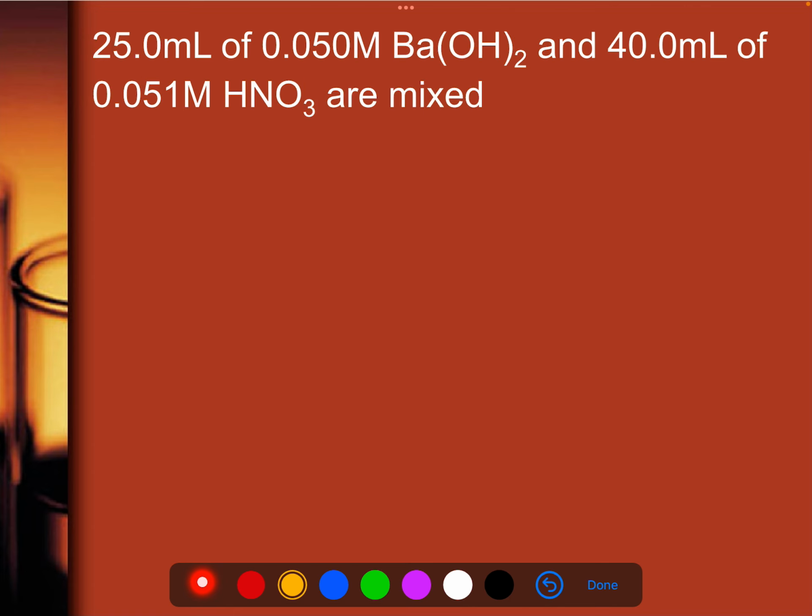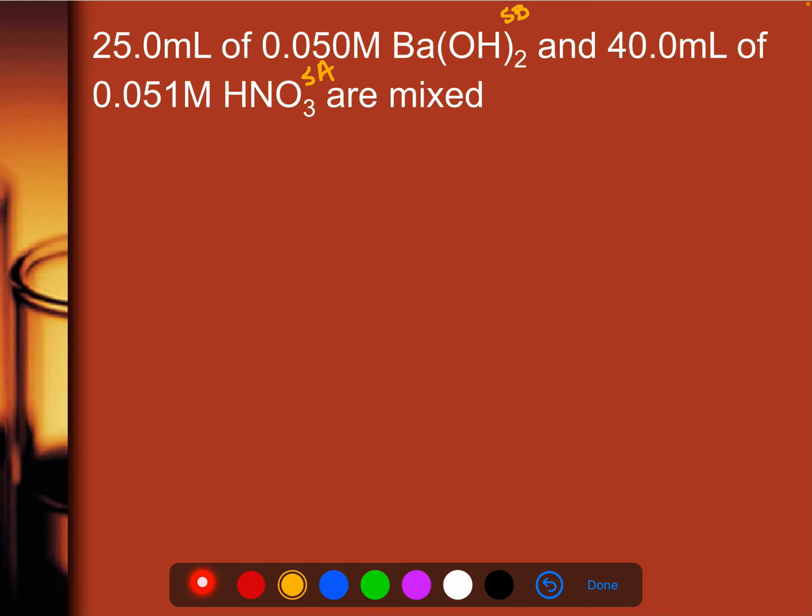Let's look at this one. This one we have 25 milliliters of a 0.050 molar barium hydroxide and 40 milliliters of a 0.051 molar nitric acid. Barium hydroxide is one of our strong bases. Nitric acid is one of our strong acids. So here we are going to be neutralizing because we have the opposite solutions.